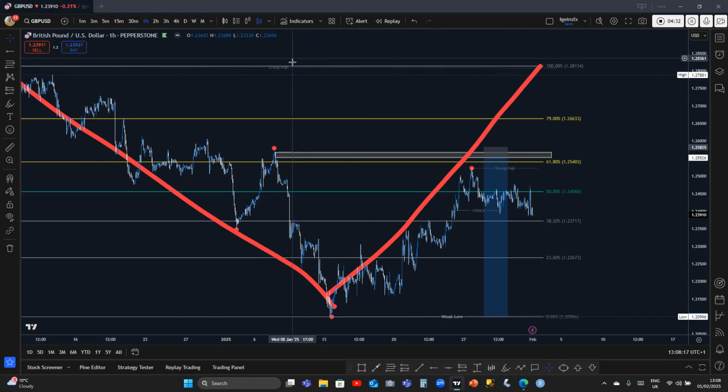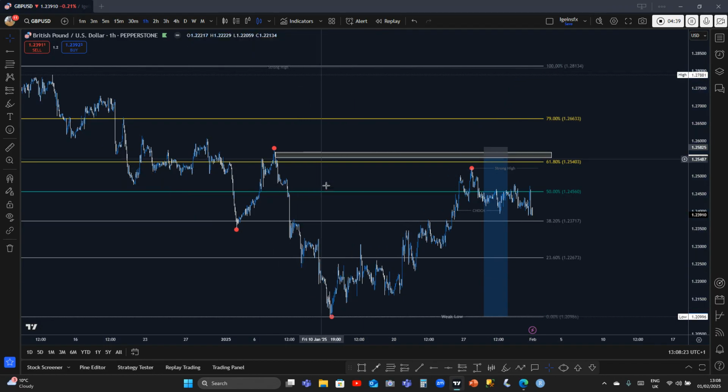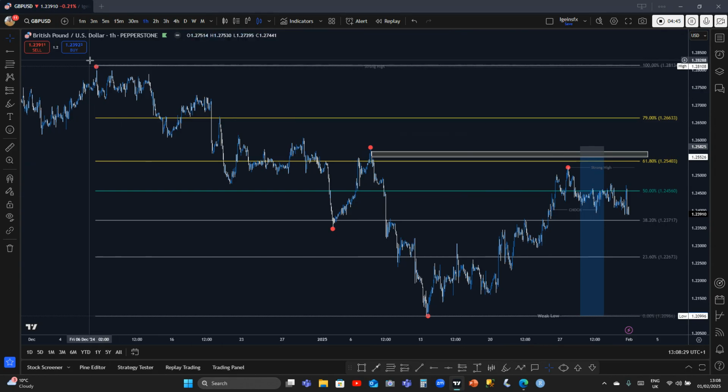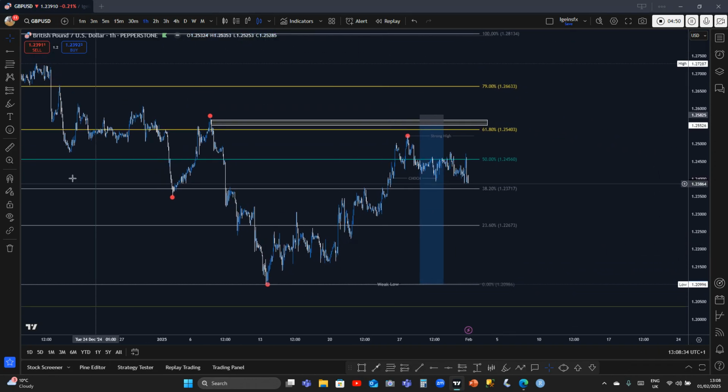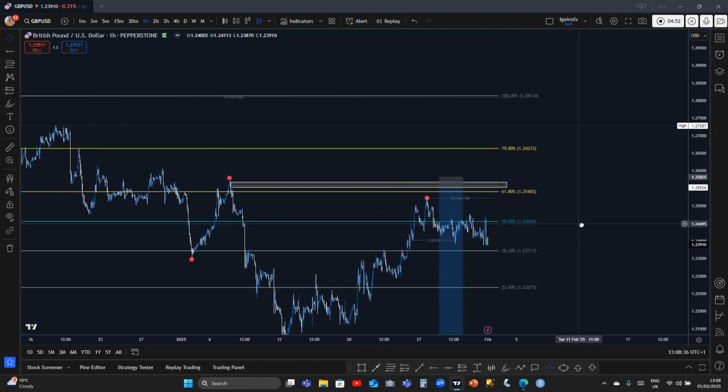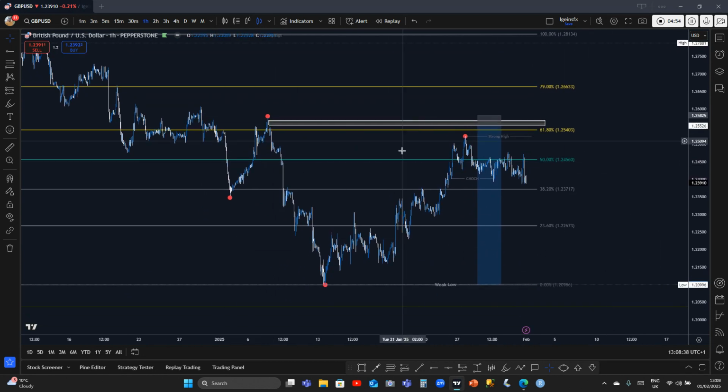Are we bullish? At this point, we are still bullish, but that bullishness is just a pullback, a deep pullback of this push to the downside. Don't forget, we are bearish. The trend, we are bearish.